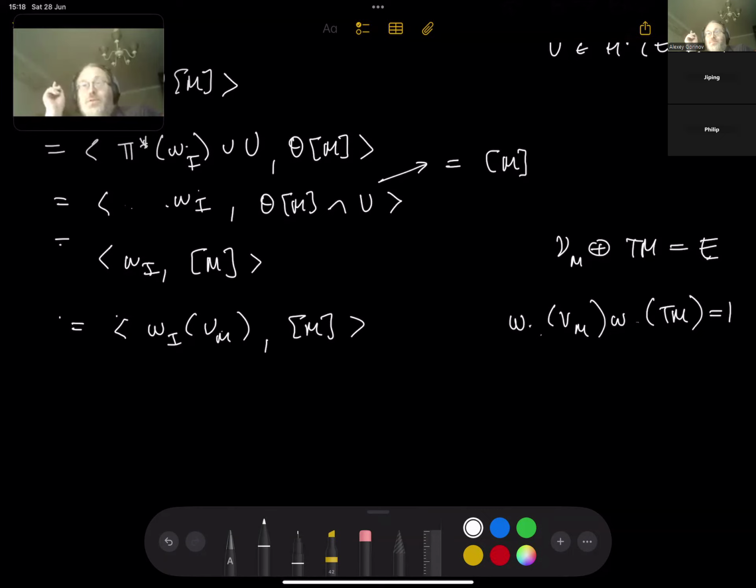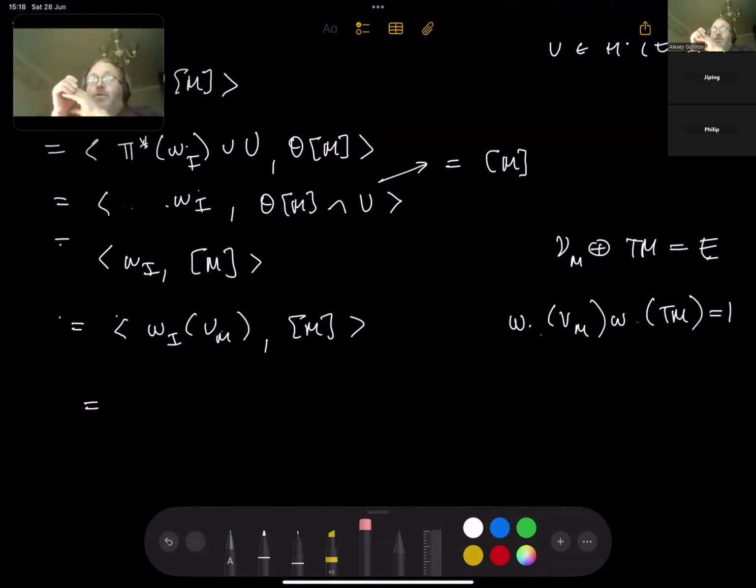What is true is that if all tangent Stiefel-Whitney numbers are 0, so are all normal Stiefel-Whitney numbers, and vice versa.